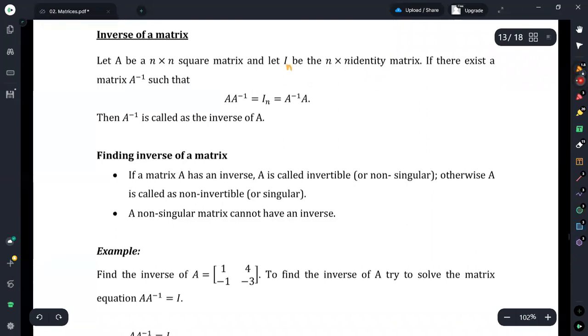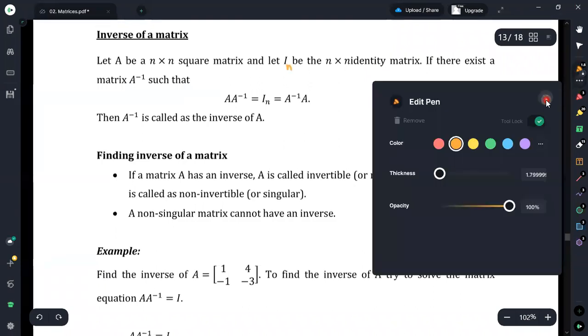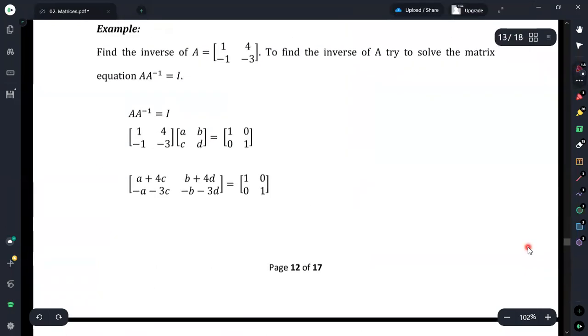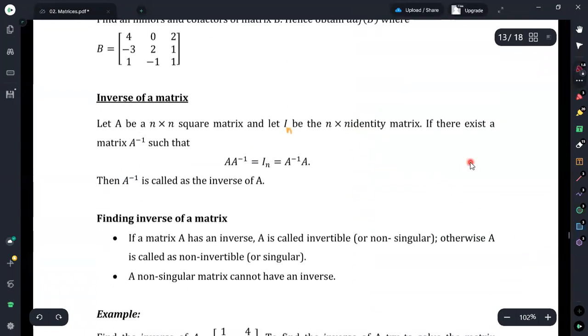I_N is supposed to be a matrix having a number of rows and a number of columns, which is said to be an identity matrix. If there exists a matrix A inverse, it means that A inverse may not exist for some matrices.